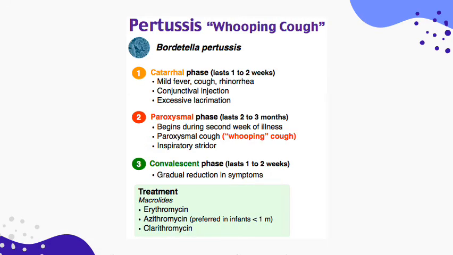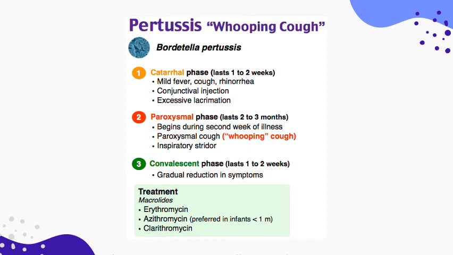The typical presentation of pertussis is your catarrhal stage, which is a non-specific mild infection with cough, rhinorrhea, some conjunctival suffusion, and excessive lacrimation, followed by a more severe paroxysmal stage where you can have the symptom of your paroxysmal or whooping cough, which will give you the diagnosis.